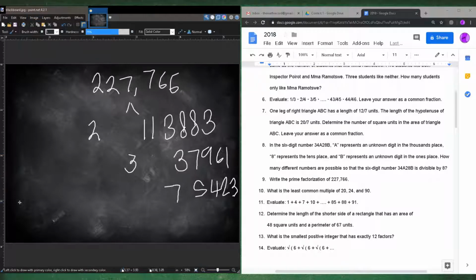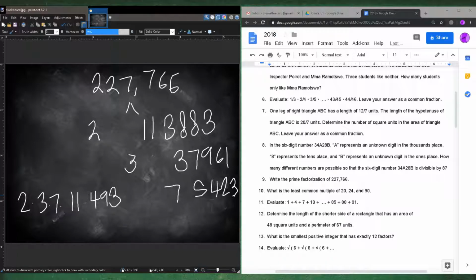So we have 2 times 3 times 7 times 11 times 493. Sorry, I'm just kind of running out of space. So 493, is that divisible by 11? That is not. Is it divisible by 13? Is not. Is it divisible by 7? It is not.